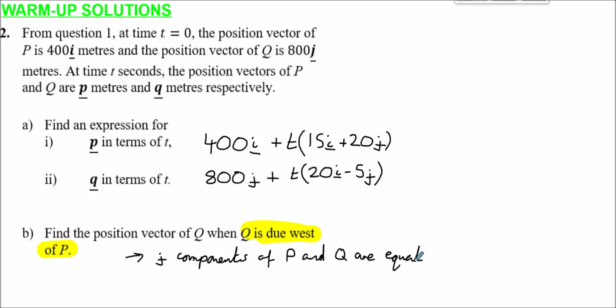So now we can go and work this out. So in terms of the J components, because J means how far up or down, because they're horizontally the same, the J is going to be the same for both. So for P, the J component of P is going to be 20t. So t times 20, that's 20t.